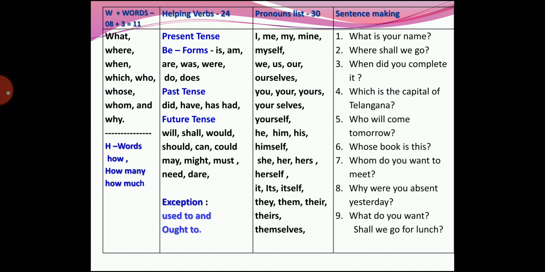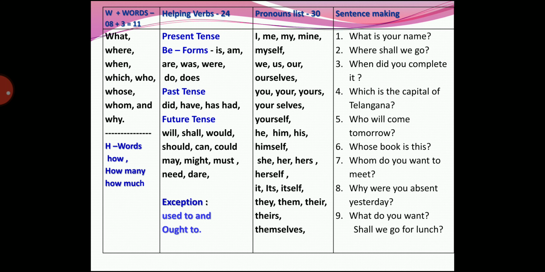Now, what is your name? It shows I have taken what, a W word, is, a helping verb, and your, a pronoun, name. What is your name? Now, who will come tomorrow? I have taken who, a W word, and will, a helping verb, as well as come tomorrow. So it will be common in every sentence.